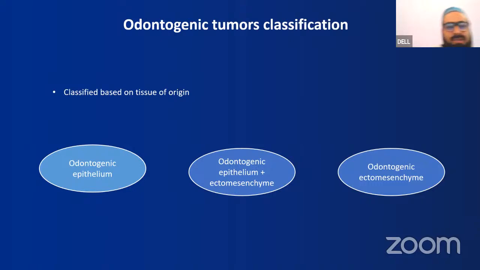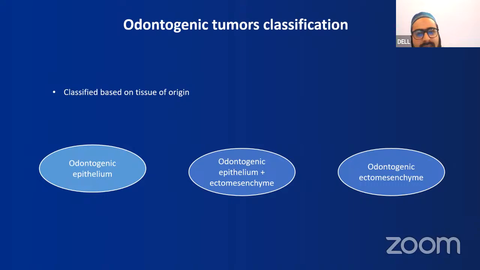Before we come to ameloblastoma, we'll briefly go through the odontogenic tumor classification, where classically tumors have been classified based on the tissue of origin. That is, tumors originating from the odontogenic epithelium; mixed tumors, those originating from odontogenic epithelium and ectomesenchyme; and tumors originating from odontogenic ectomesenchyme.